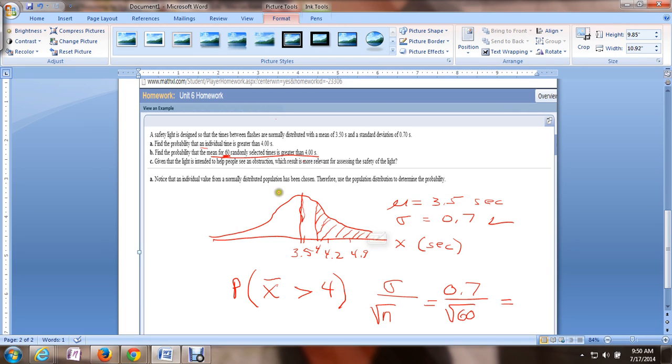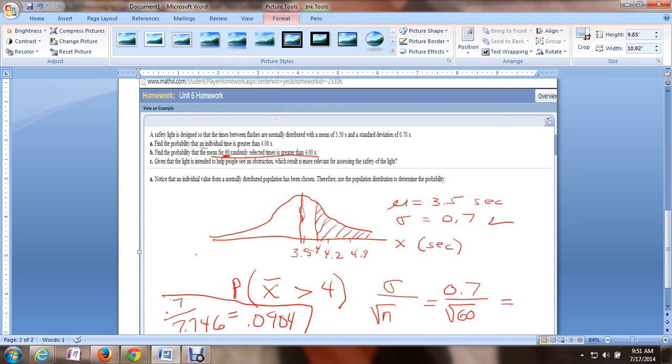So 0.7 divided by 7.746 equals 0.0904. That's our new standard deviation. That's the big difference we have to remember whenever our sample size is greater than 1.